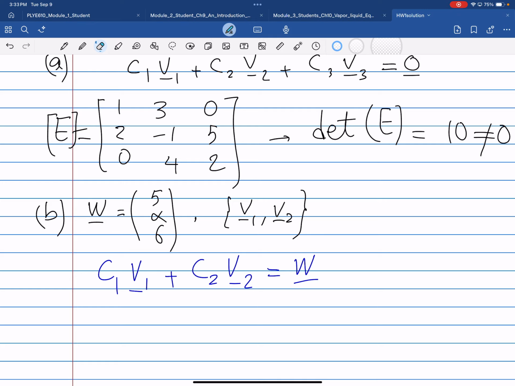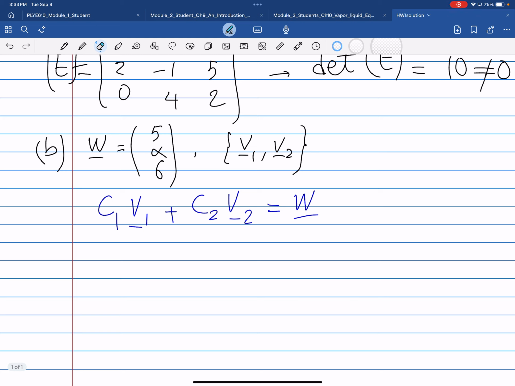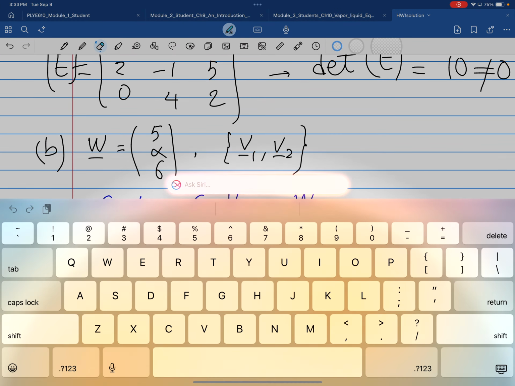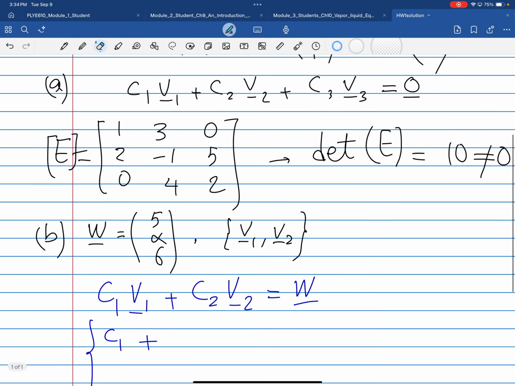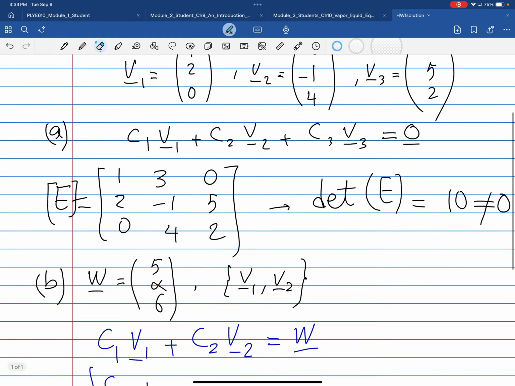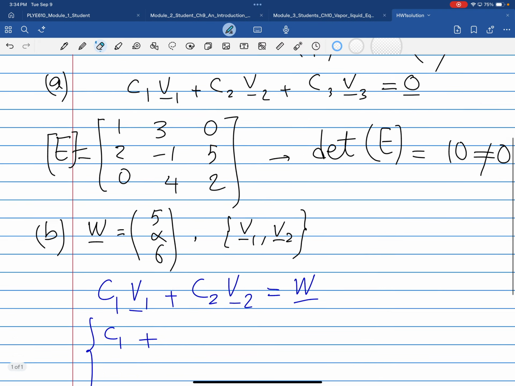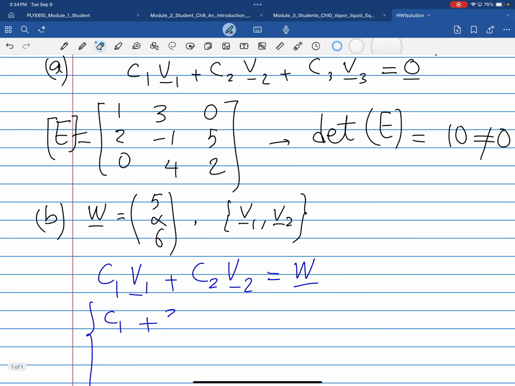If you write this as equations, given that we have 3 components, it's going to be C1 plus 3C2 equals 5.